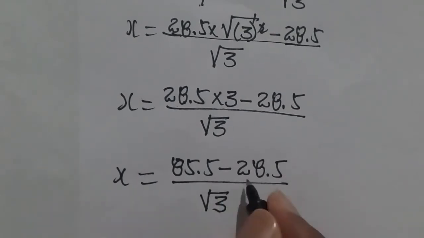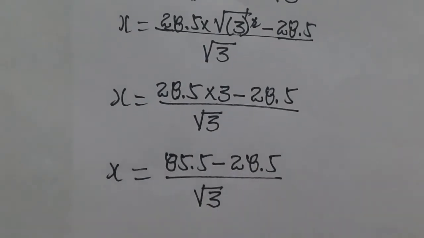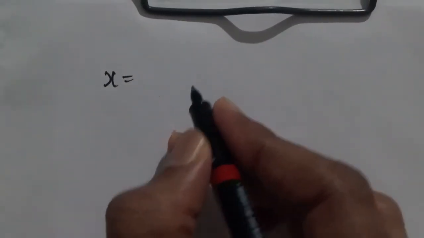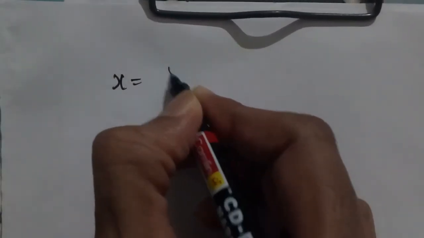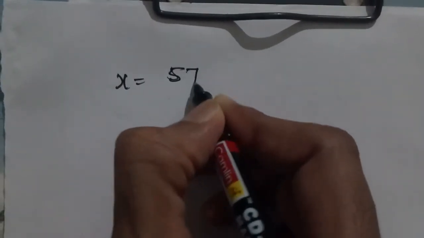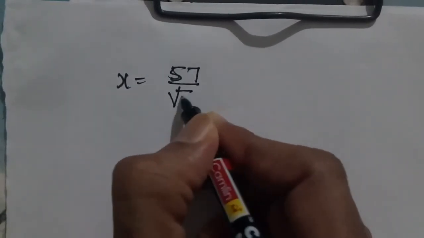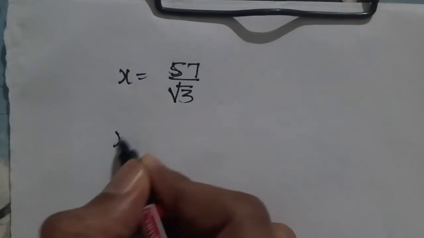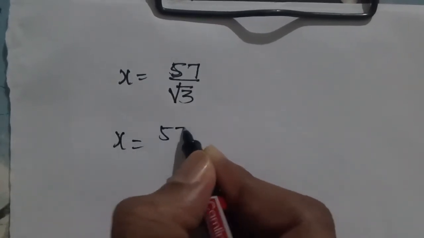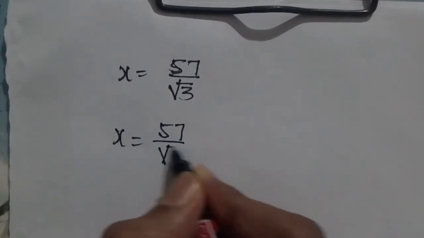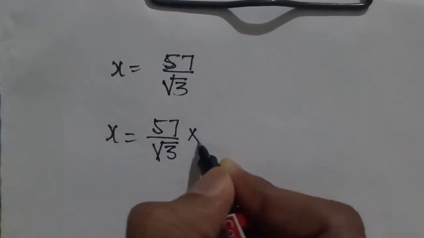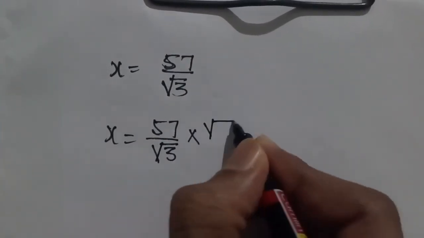Subtracting means 57 we will get. X is equal to 57 by root 3.